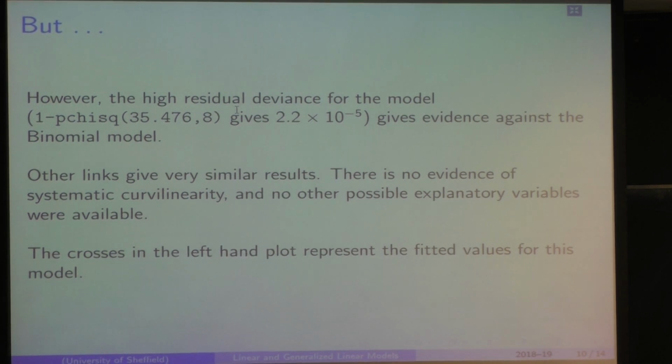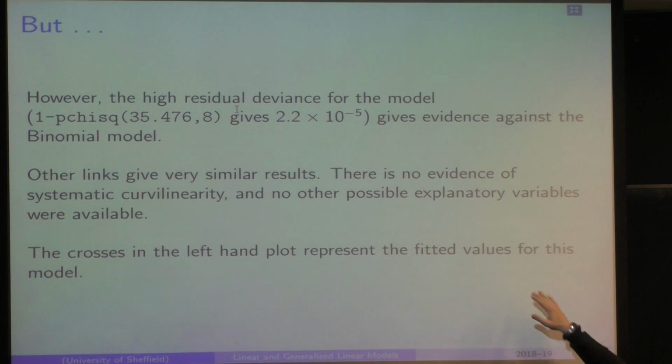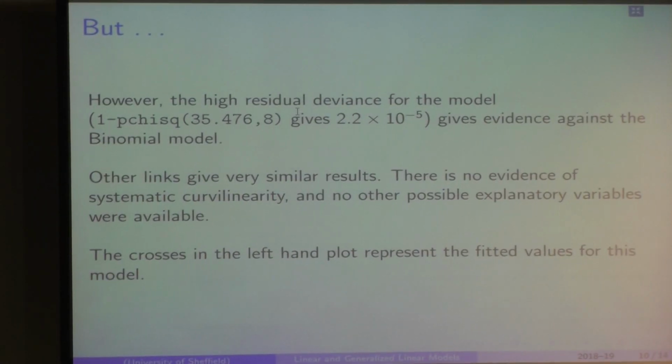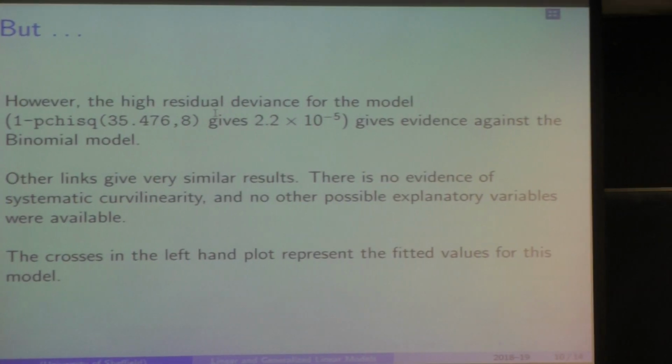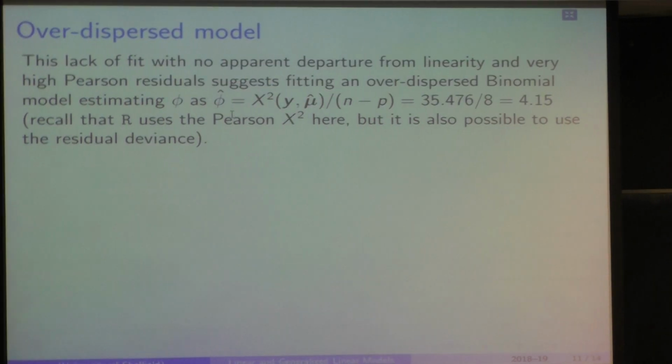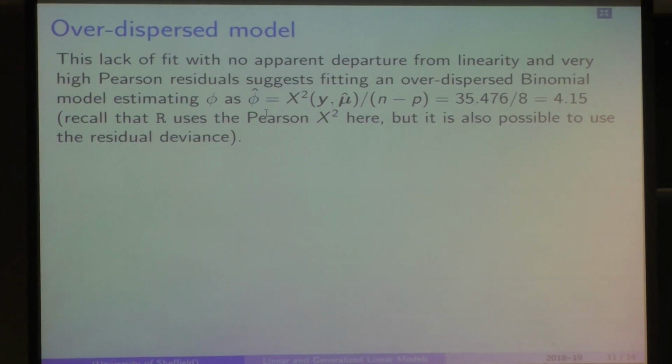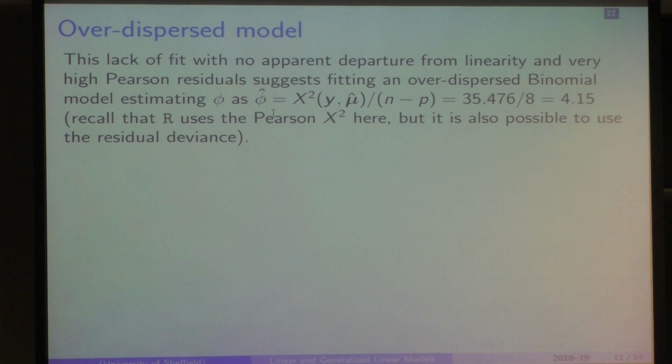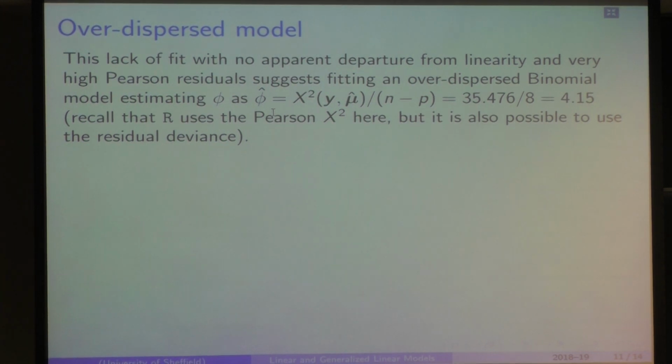In the plot that was a bit further back, the fitted values from this probit model were the crosses in that plot. So that suggests that, because our deviance looks too high for a binomial model, we might try to fit an over-dispersed binomial model.